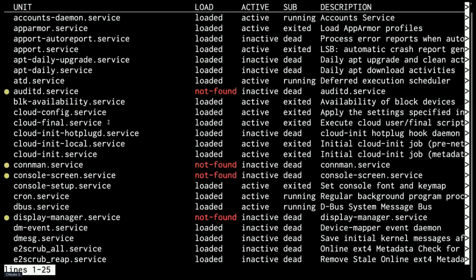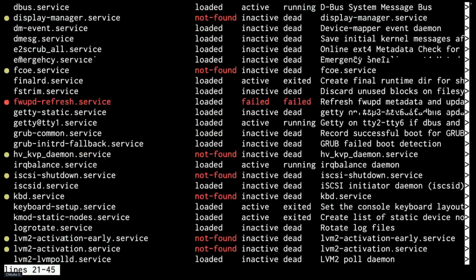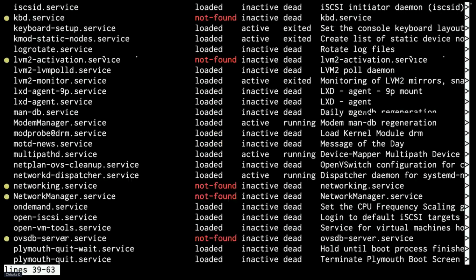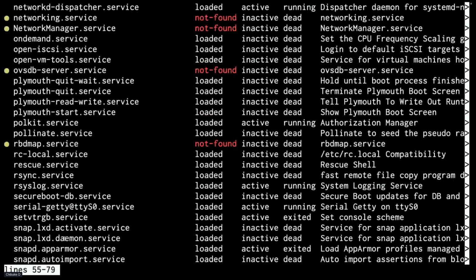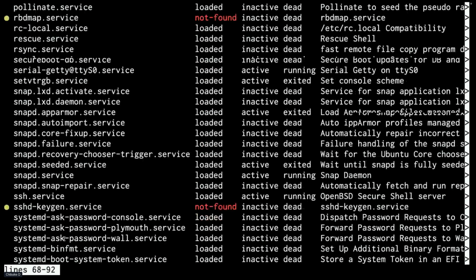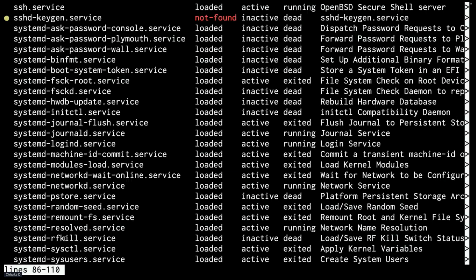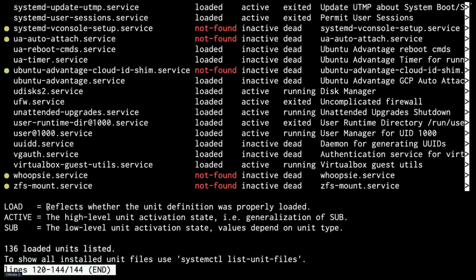Woo! Here there are so many systemctl files that currently exist. Some are services, and it's telling us the ones that are running and the ones that are not running. I only asked for the service type, and you can see it's showing me 136 services.